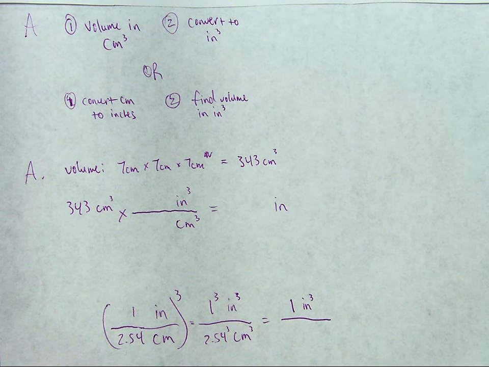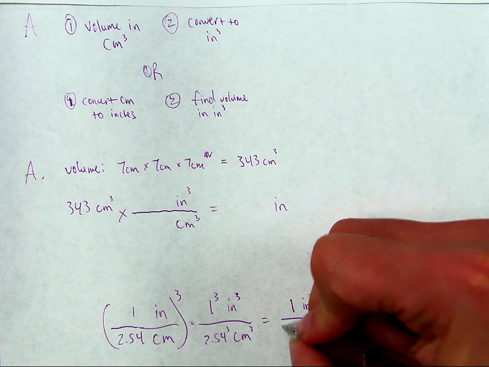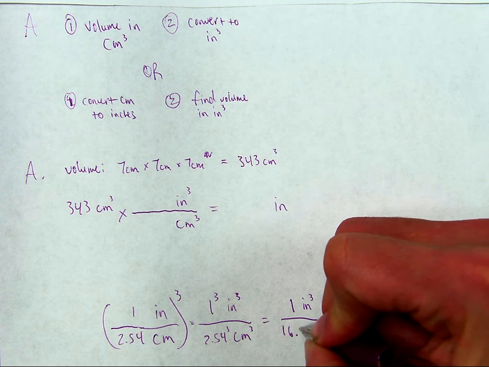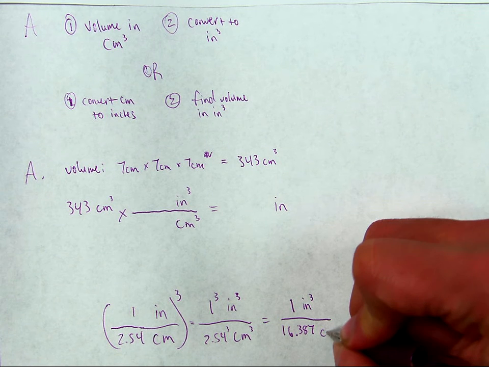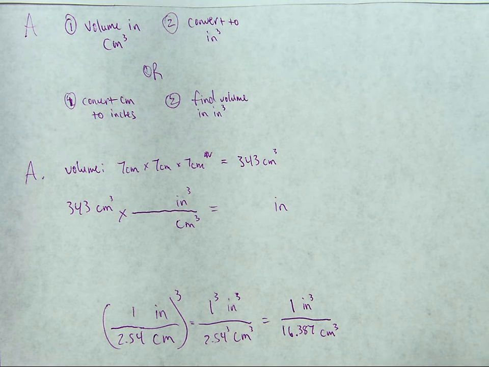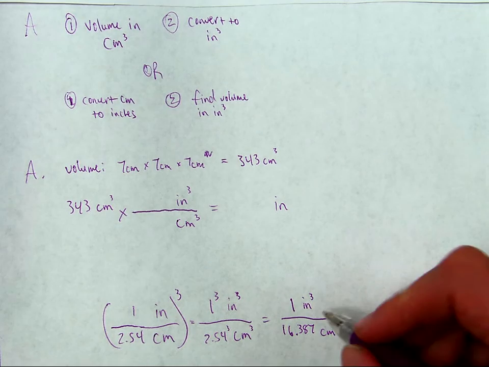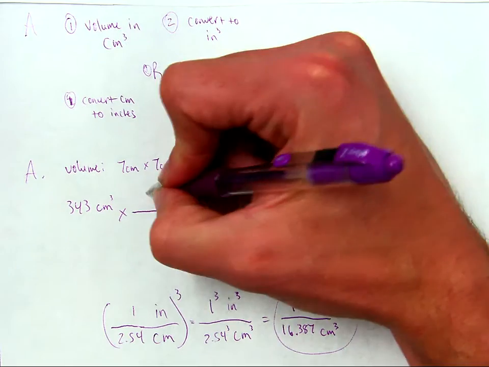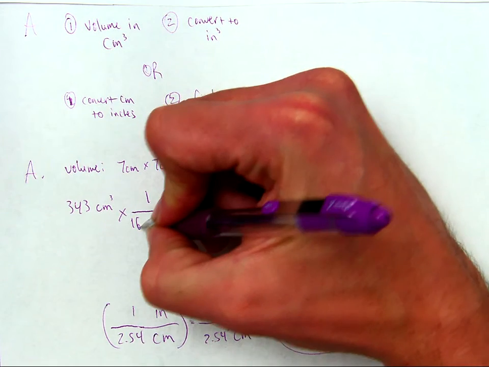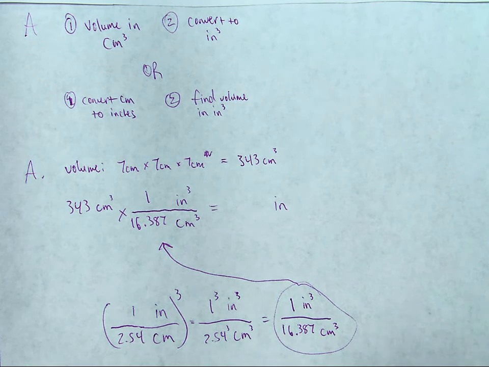And 2.54 cubed is 16.387. I'm not worried about significant figures yet. That's not till the end. Centimeters cubed. Cool. Got the relationship. Now I'm going to take this, put it up here, where 1 cubic inch is 16.387 cubic centimeters.